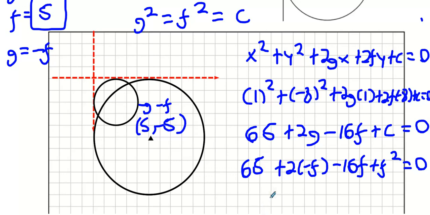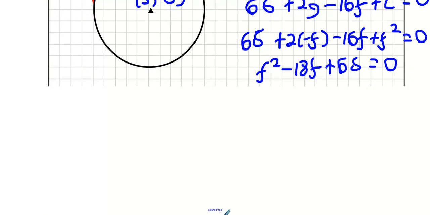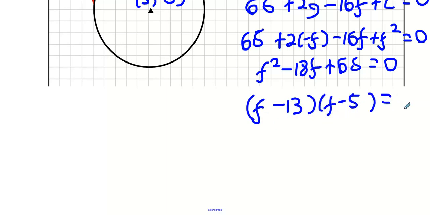Then we're going to enter a quadratic equation. This is our quadratic equation here: f squared minus 18f plus 65. I think it's going to be 13 and 5, if I'm right. So it's going to be (f minus 13)(f minus 5) equals 0.